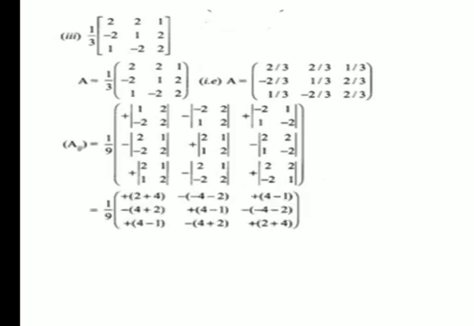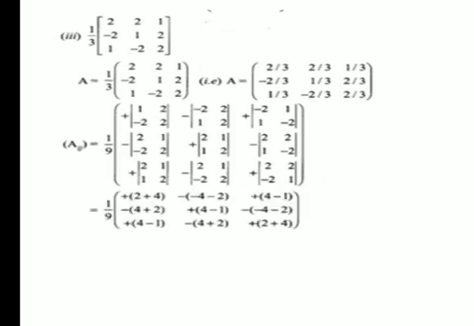Third question: A has 1 by 3, so you multiply 1 by 3 into all the values in A. After that you find the adjoint of A, the cofactors Aij.